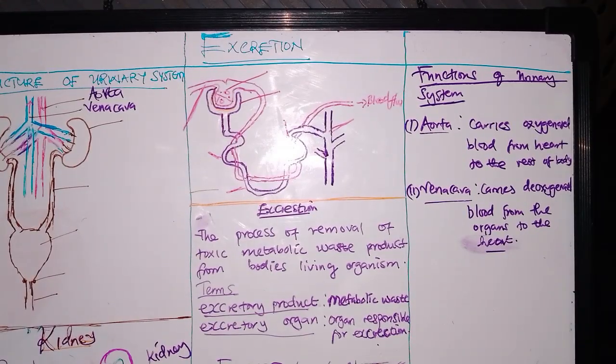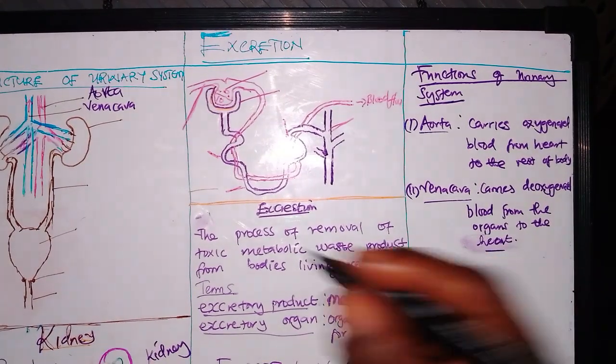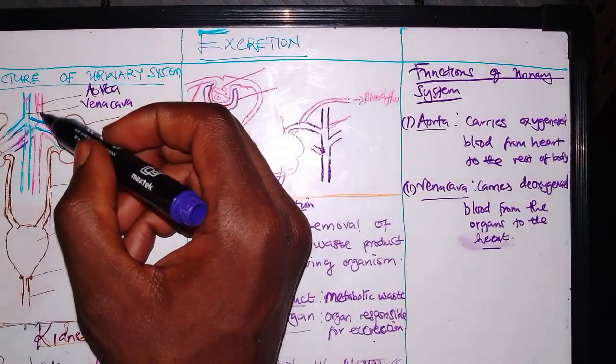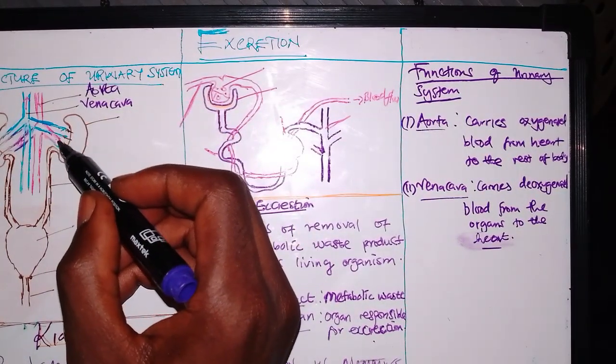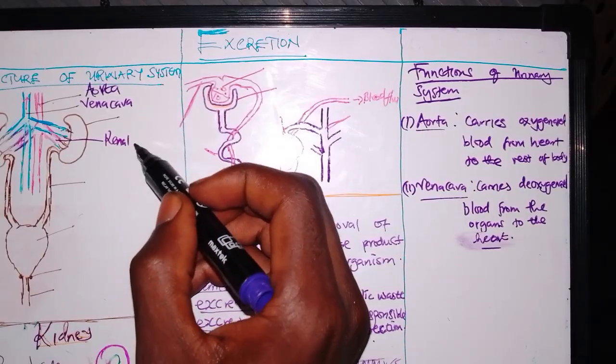So these two, again, I told you, their function is what? The renal artery carries oxygenated blood from the aorta. So you can see here that this is the aorta. Then this second part here is known as the renal artery.